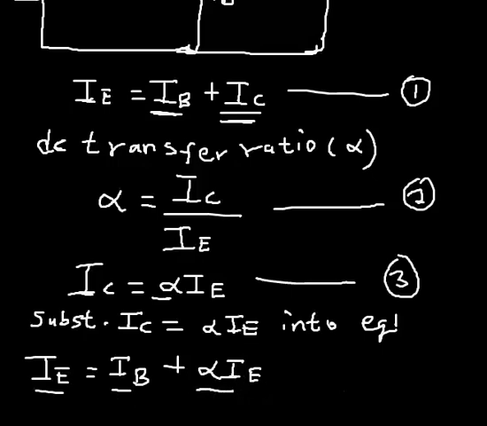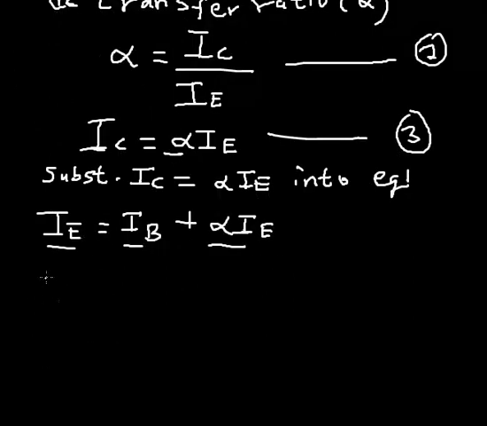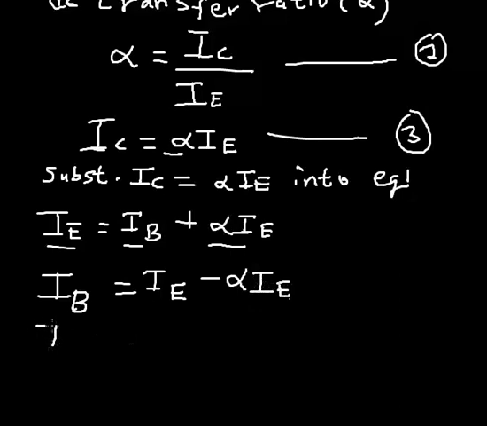Now I can rearrange this equation by making IB the subject of the formula. The base current IB, if I rearrange the equation and take this to the other side, is going to give me emitter current minus alpha IE. So the base current IB is equal to, if I factorize, IE is a common factor, take it out, then open bracket, 1 minus alpha.